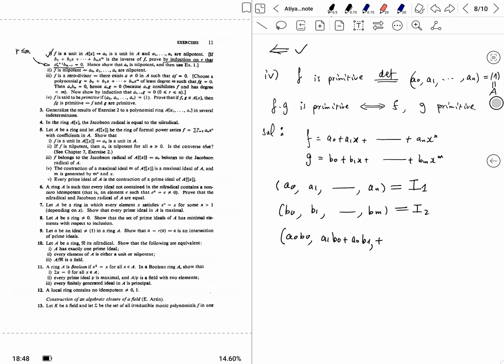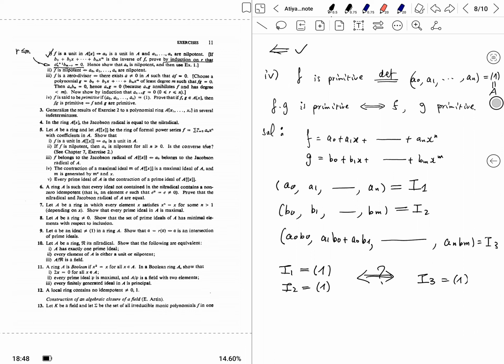Similarly, finally an bm. Okay, let's call this I3. So the question is I1 equals 1 and I2 equals 1. Is it equivalent to I3 equals 1?